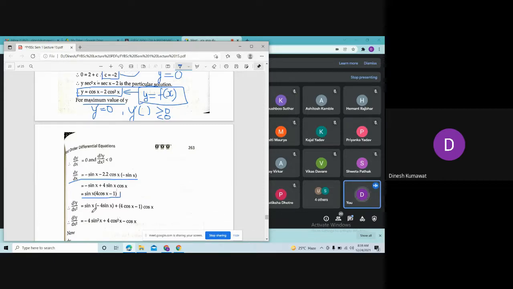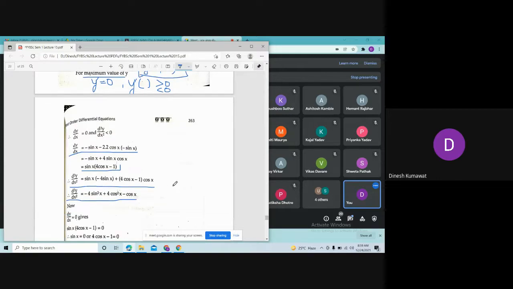Now you again find its double derivative. Okay, after finding this double derivative, you equate first derivative with 0 and get the value of x.